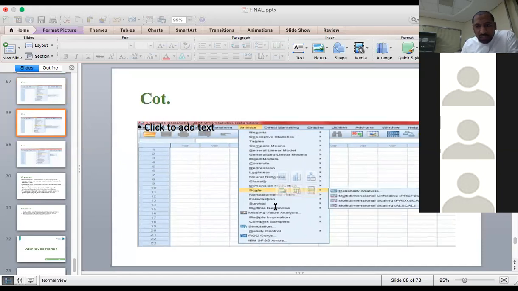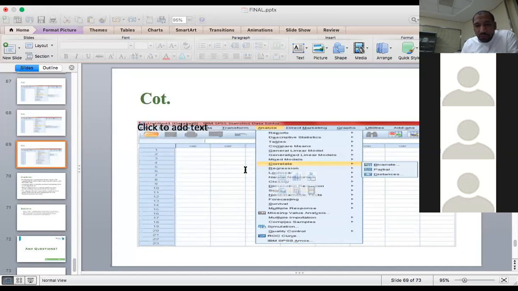Then also we have the scale. If you would like to study the Cronbach alpha, or the reliability test of the scale, that's the reliability analysis, which gives you the Cronbach alpha results.